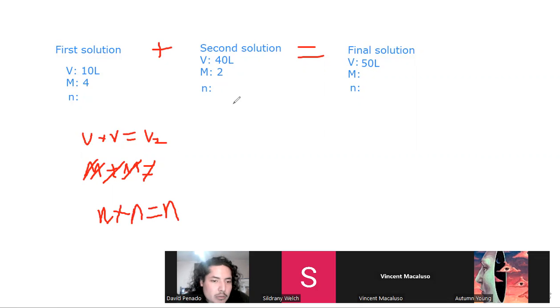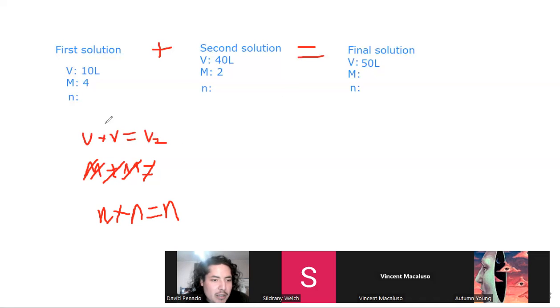Right, but I'm saying if you add the volumes now for your formulas, you're gonna have 50. It's gonna give you a different figure for each solution. No, we're doing the final solution. You don't add the molarity.